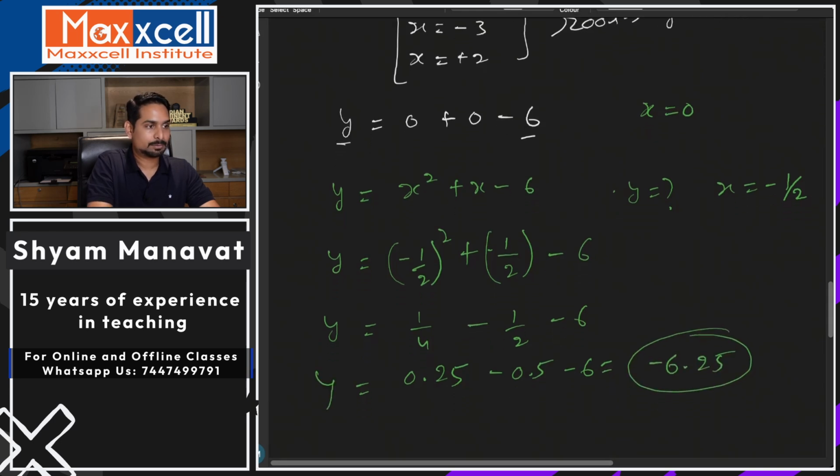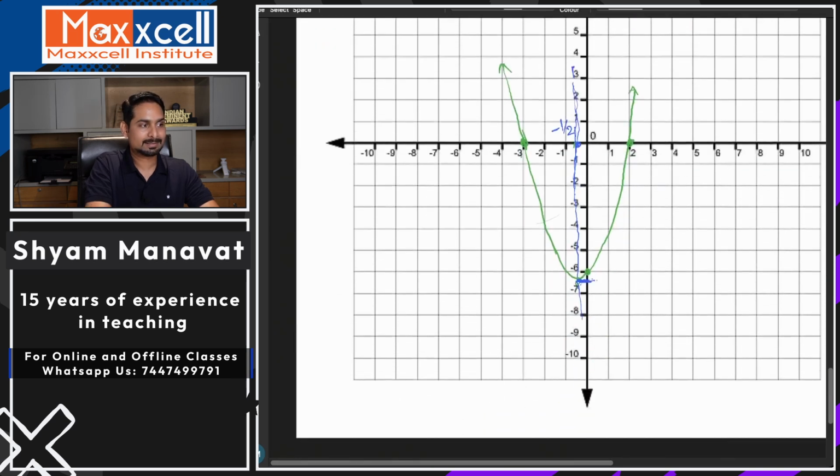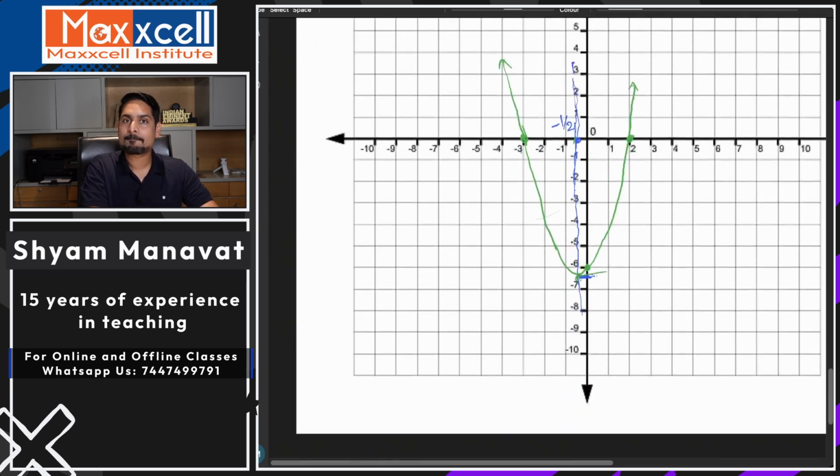So the new point, for x equal to minus half, or minus 0.5, y is equal to minus 6.25. All right, this is the coordinate of the vertex: minus 0.5 comma minus 6.25.